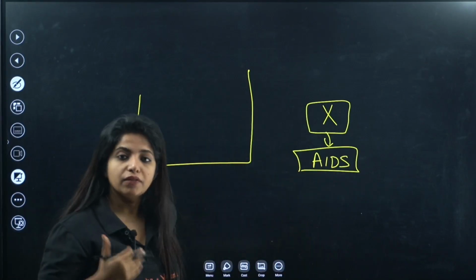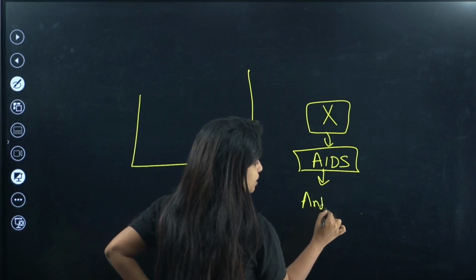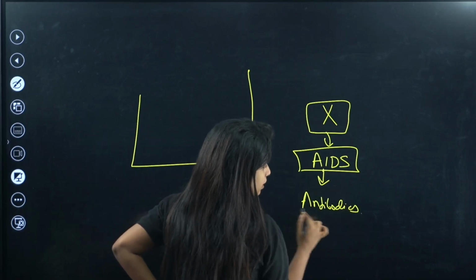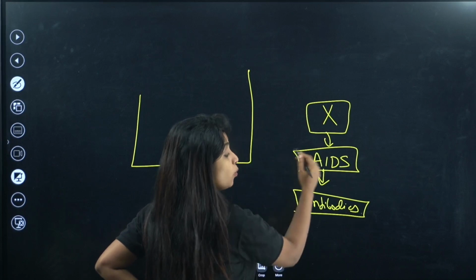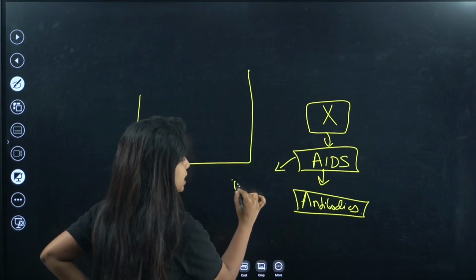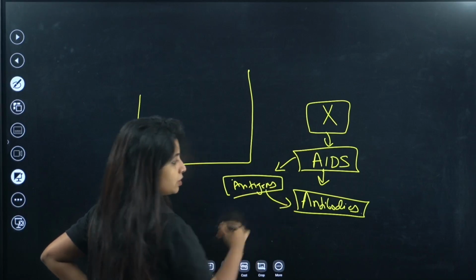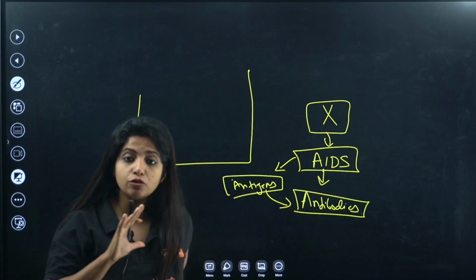Whenever we have some disease, our body produces antibodies against it. The ones that cause the disease are known as antigens. So against the antigens, our body produces antibodies. This is the usual logic.